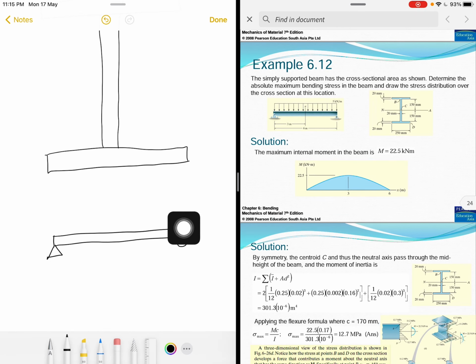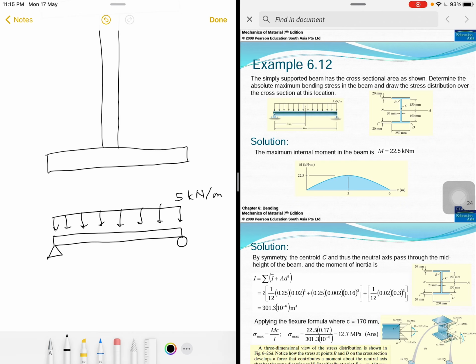There's no moment right here and no moment right here. The reaction moment, there's no reaction moment. So the load is applied in distributed behavior. Okay, and this is 5 kilonewton per meter.